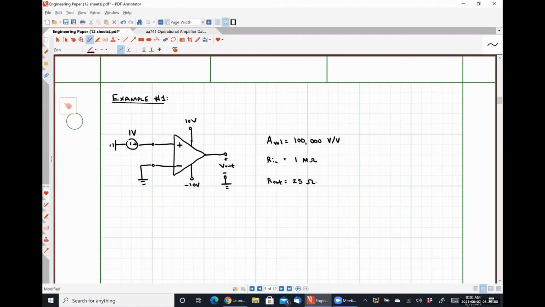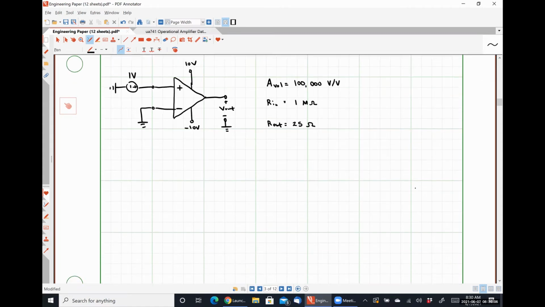Okay. So if we wanted to analyze this circuit using our practical op-amp model, I'd need to redraw this, right? I'm effectively taking everything connected to the triangle and then reconnecting it to the model that we just developed a few minutes ago. So that would look something like this.